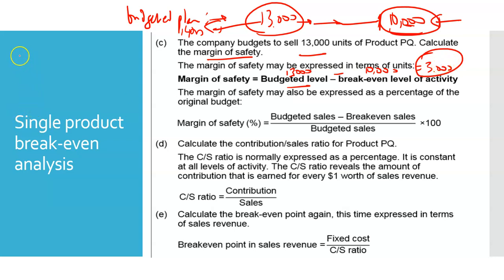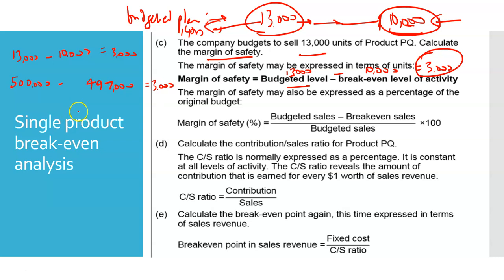Look at two businesses. Look at this business where we have 13,000 minus 10,000, and look at this business where they have 500,000 minus 497,000. If you look at this, these are both 3,000, but the situation is slightly different.